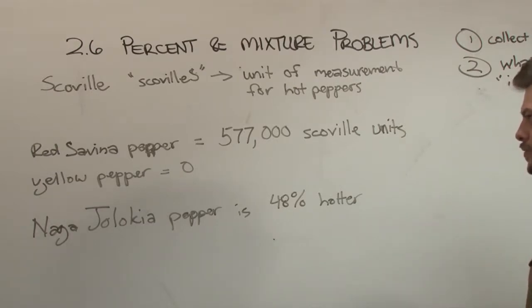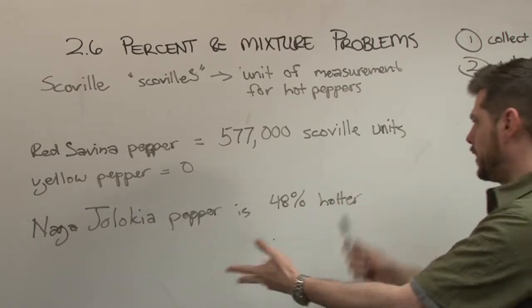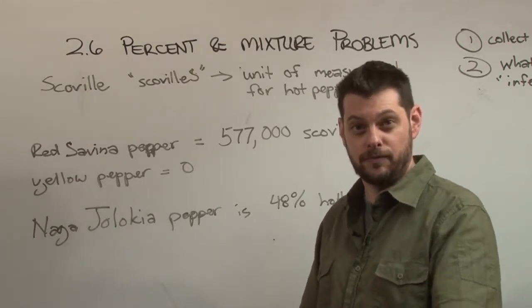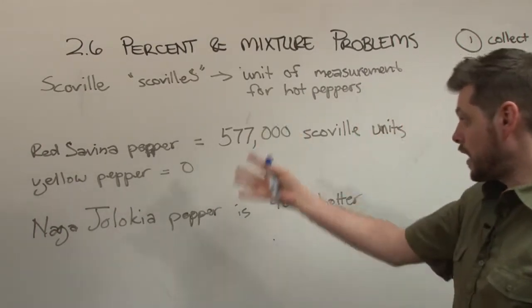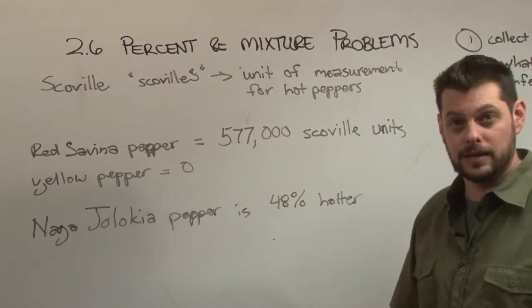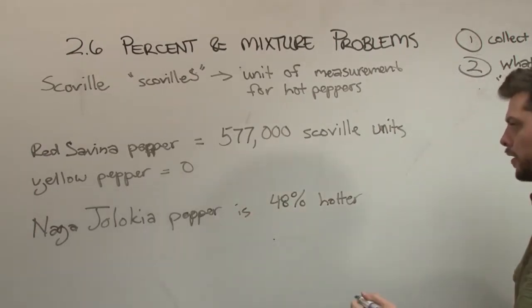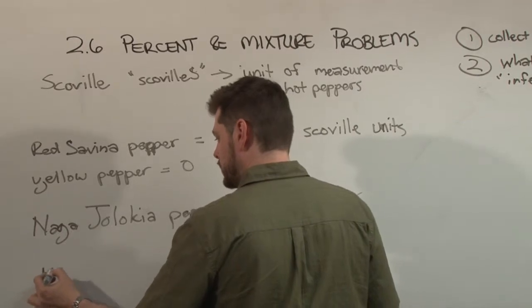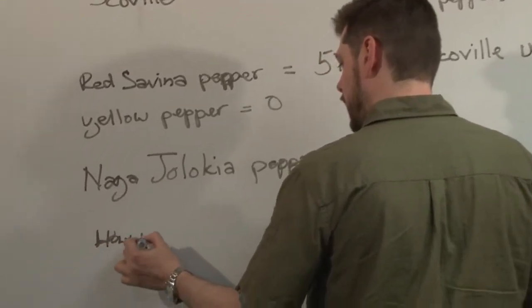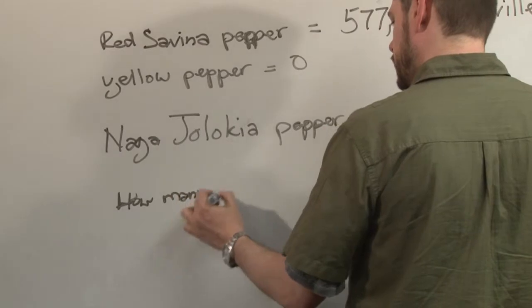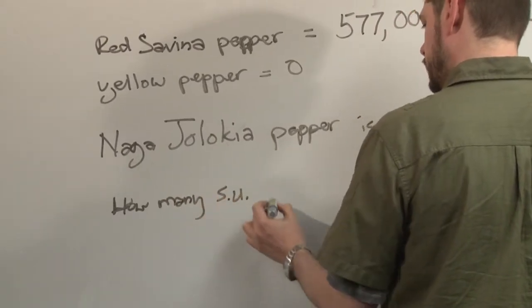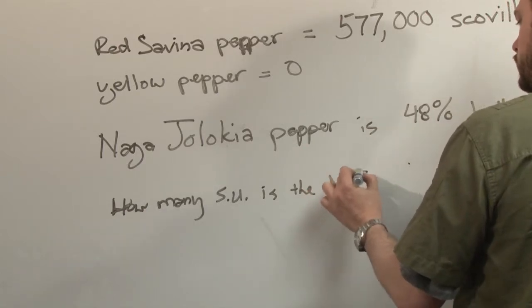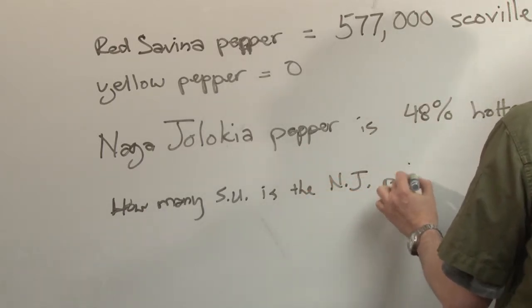So we're going to take this word problem, and I've sort of broken it up into the parts already. I've done the first step for you. I've collected the information. And I want to know how many Scoville units is the Naga Jolokia pepper?